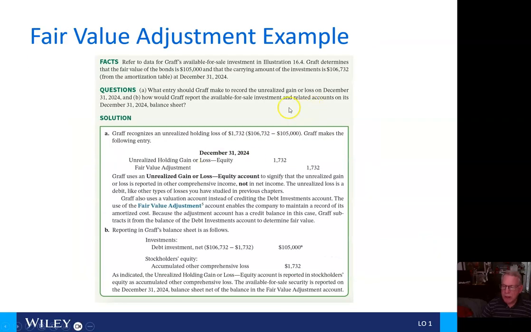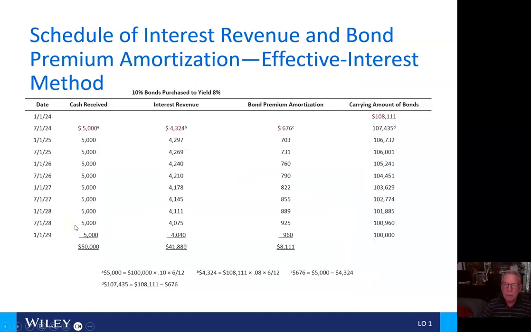So now, if we take a look at it, it determines that the fair value of the bond is $105,000 and the carrying amount is $106,732, you get that from the amortization table. We can go back. Here's the $106,732.